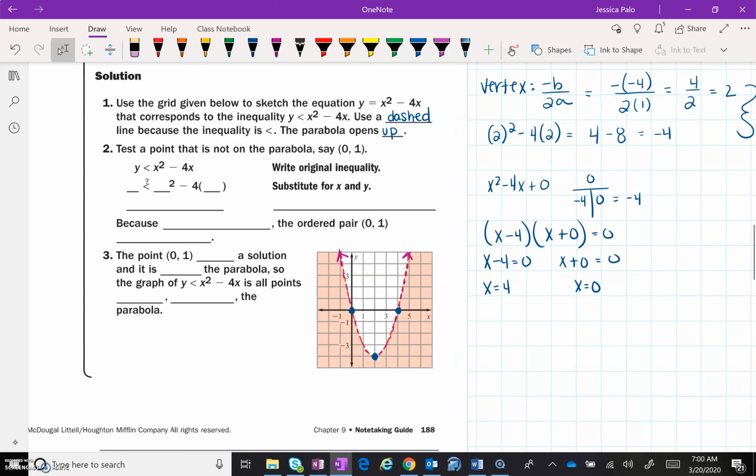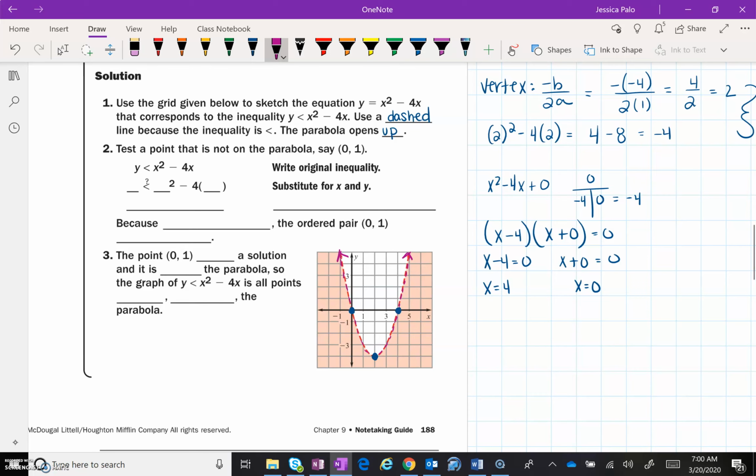Okay, the test point they give us to figure out where to shade is 0, 1. Why are we not using 0, 0? We cannot use 0, 0 because 0, 0 is on our parabola, so we can no longer use it. We already know, because this is a dashed parabola, that 0, 0 is not a solution.